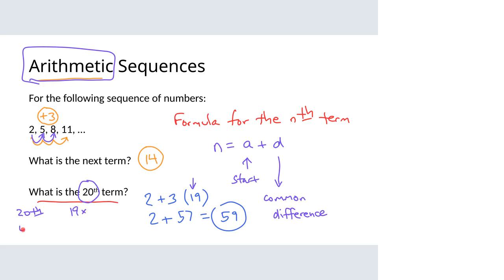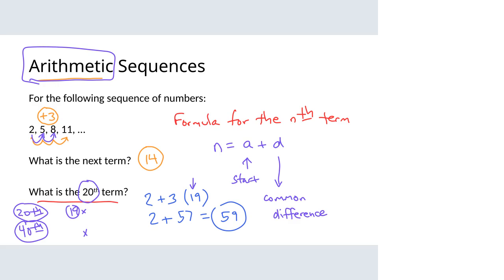What if I wanted the 40th term? How many times would I do the common difference? Okay, I like the -1 very much. Not quite D minus 1. If I want the 20th term, I need 19 times x. If I want the 40th term, what do I multiply by x? Or how many times do I multiply the difference?